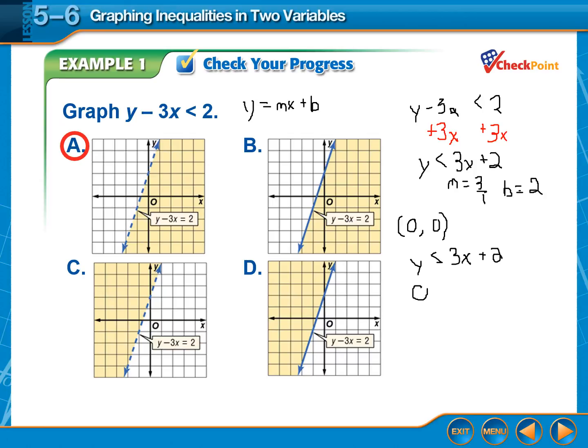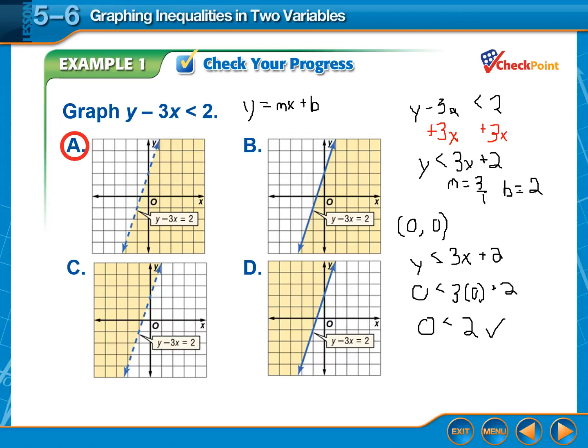So 0 is less than 3 times 0 plus 2. 3 times 0 is 0, and 0 plus 2 is 2. Is this true? Is 0 less than 2?